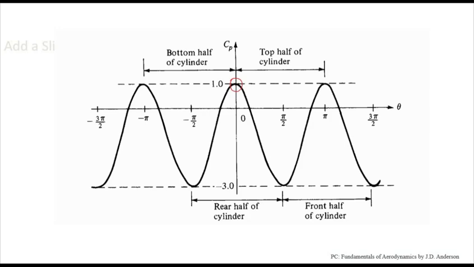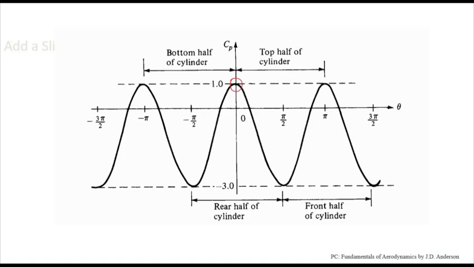And also you can see the range of Cp with respect to theta. Now, the pressure distribution over the top half of the cylinder is equal to the pressure distribution over the bottom half of the cylinder. Hence, the lift must be 0.